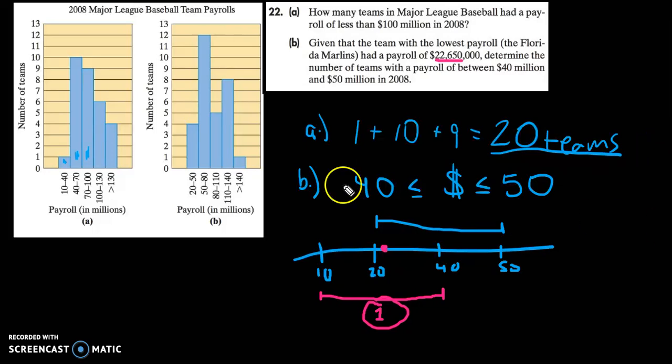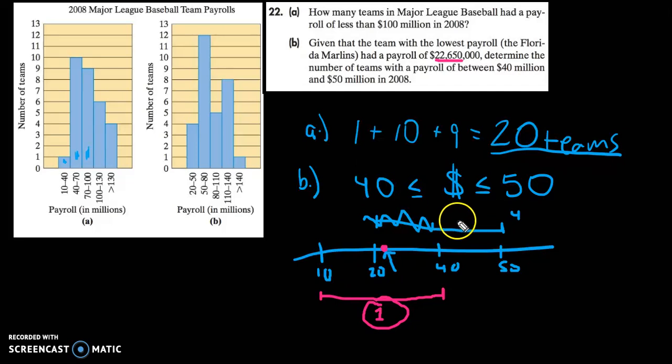So then when I look at this one that says between 20 and 50 there's 4 teams, if there's none between 10 and 40 other than the Marlins, then I know all the rest of them must be between 40 and 50. So if I want to know how many are between 40 and 50, of these 4, I already know this one's down here, so not between 40 and 50. But since that's only one team on this other bar graph, it tells me there's no one else between 10 and 40.